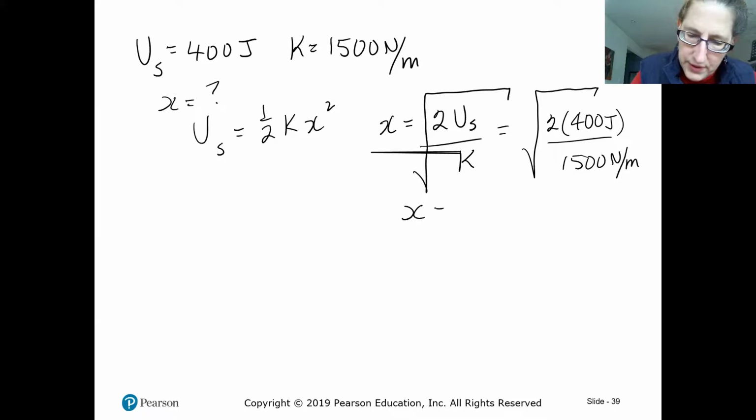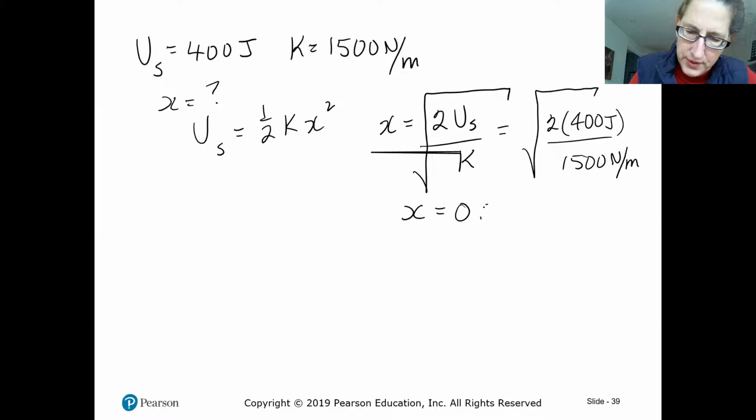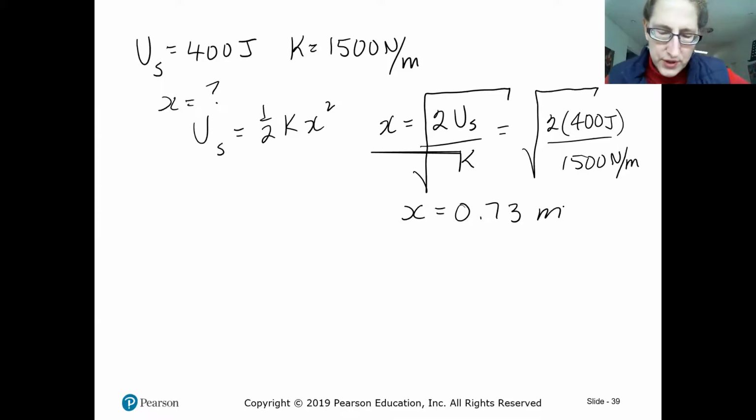And we get that you have to compress or stretch, this one's stretch, doesn't matter which, and the answer is 0.73 meters. So 73 centimeters you would have to stretch that spring if you wanted to store that much potential energy. So that's part A.